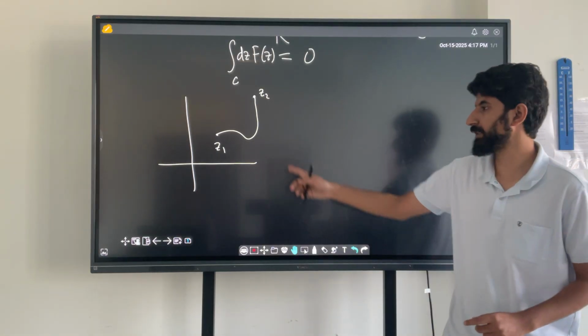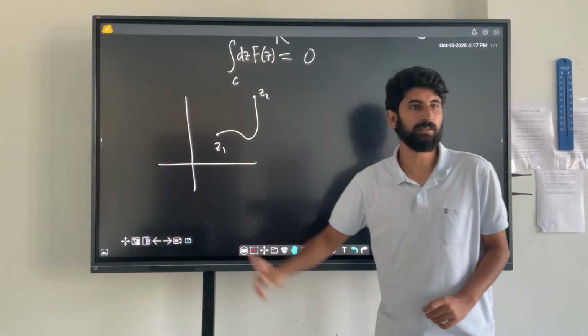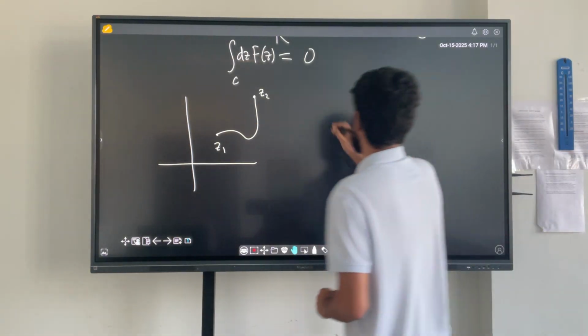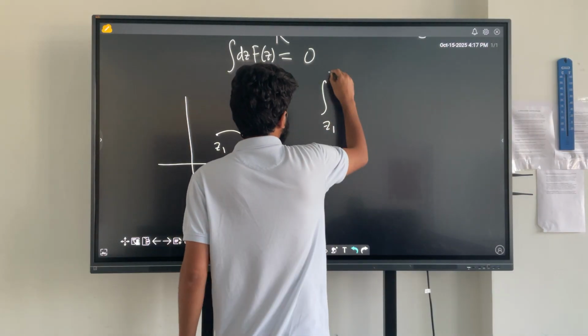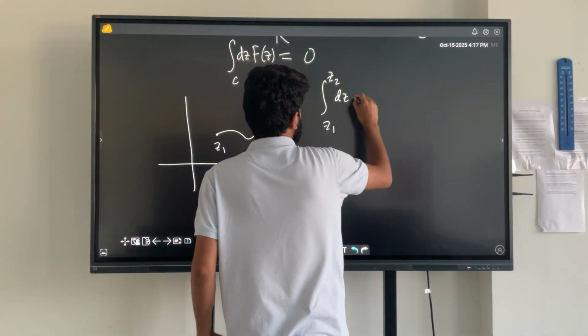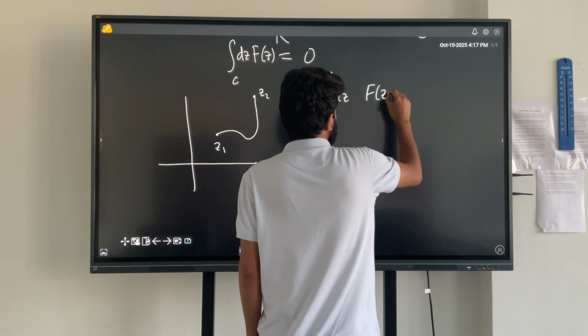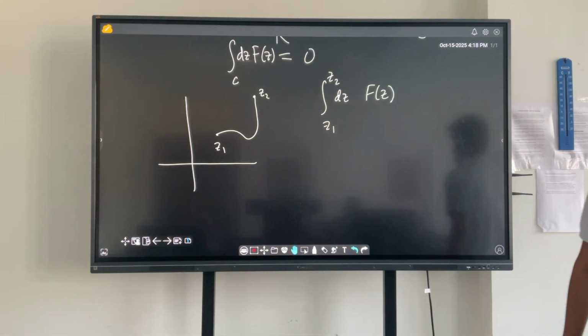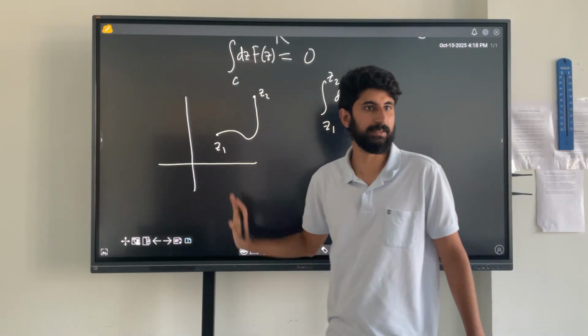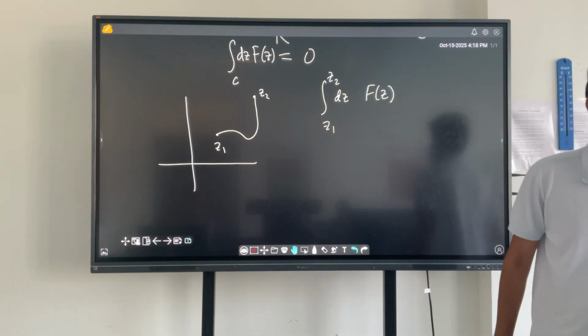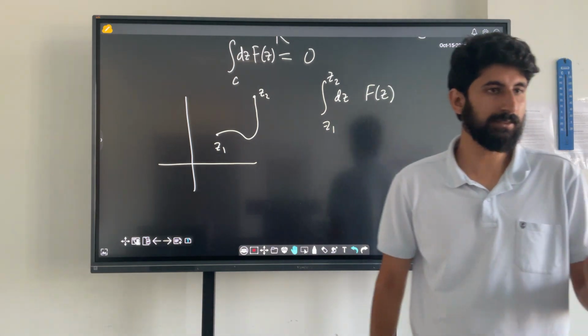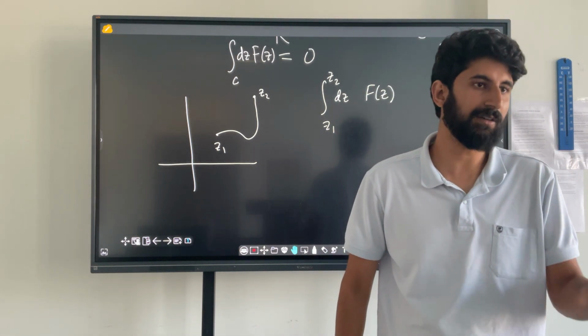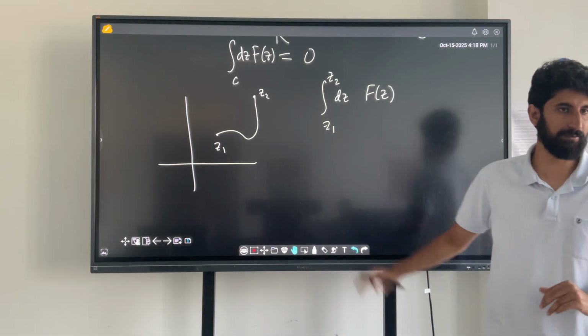So this thing now has a well defined answer: the integral from z1 to z2 of f of z dz. Even though I don't give you the path, this still has a well defined answer, as long as the function is analytic. We'll put non-analytic stuff slowly. For now, let's just deal with analytic stuff.